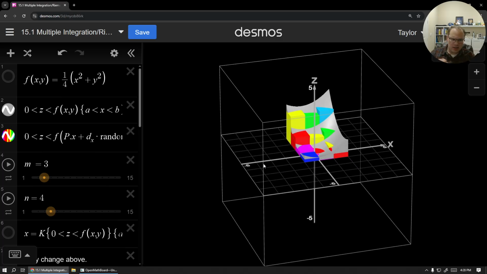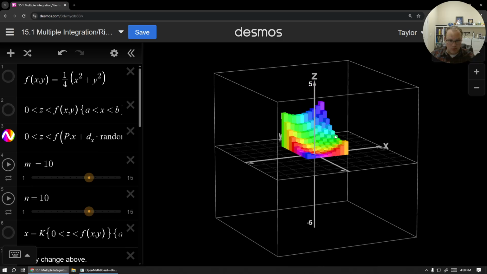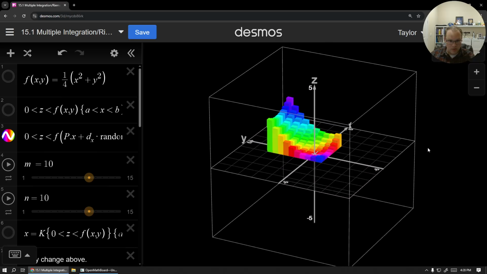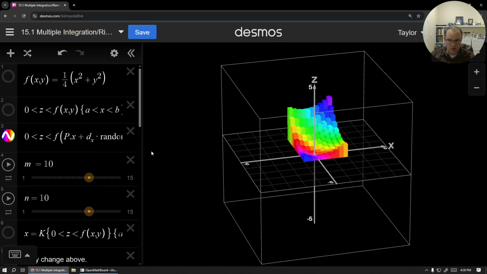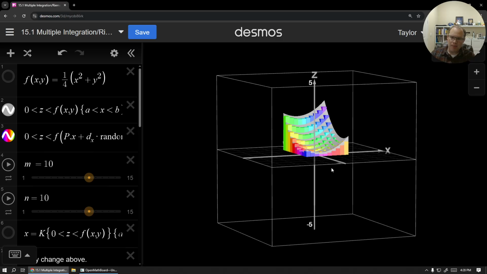Just like in the single variable case, the more blocks we have, the better our approximation. So you can see at this point, we have a pretty decent approximation of the volume once we put all those blocks together. So what we want to do is find the volume of all these blocks, add them together, and then see what happens as the number of blocks goes to infinity, because that should equal our double integral. Okay, so that's our strategy.